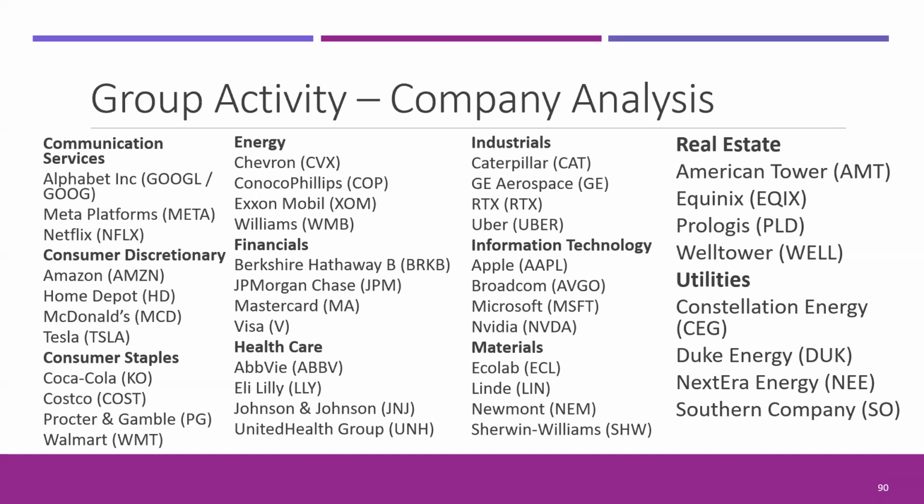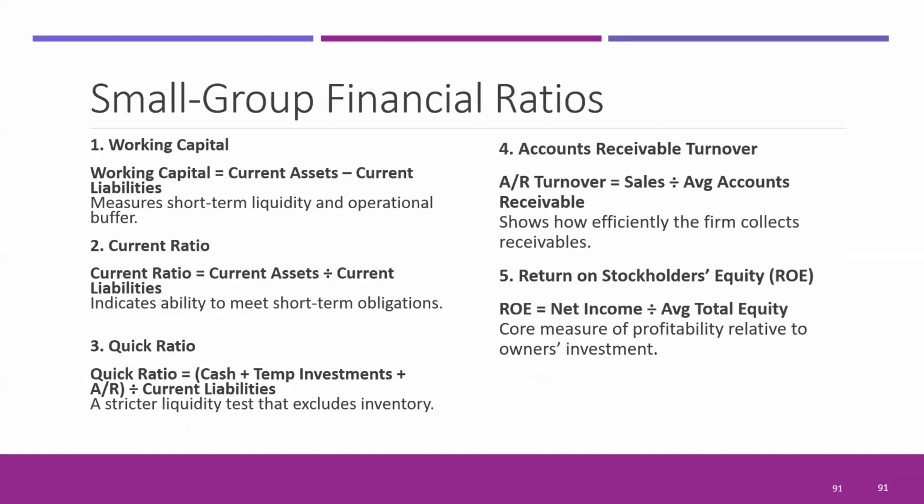Look up their financial statements so you can compute these metrics and then compare them between the two companies. And once again, look up the most recent 10-K. So that's full year financial statements.